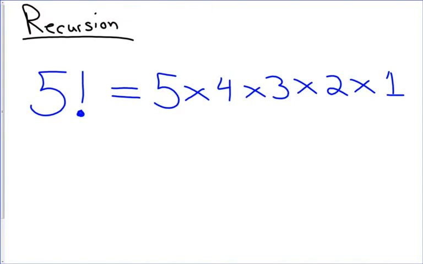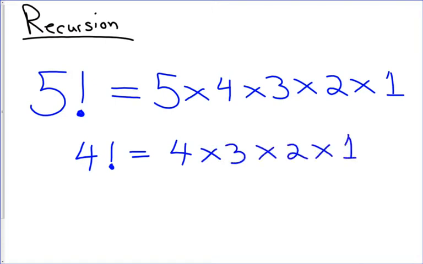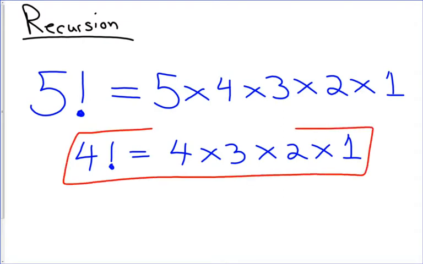But if that's the case, what's 4 factorial? Well, it's 4 times 3 times 2 times 1. Right, that's 4 factorial. But I want to show you something. That means 4 factorial, which you can see right there, is the same as this.